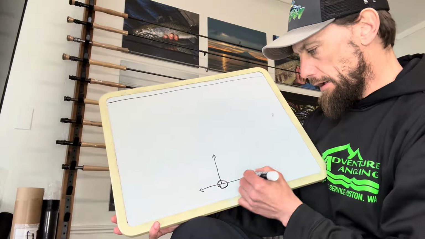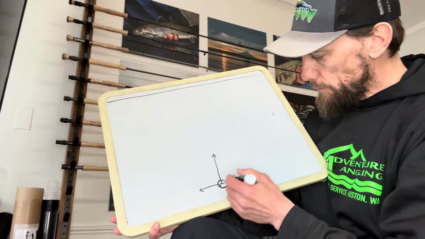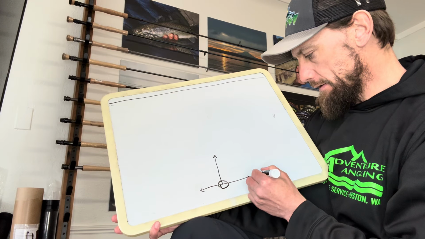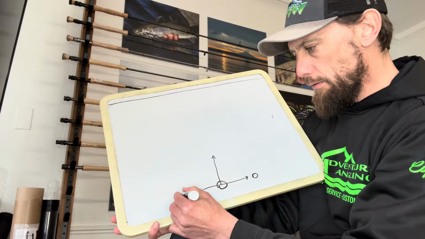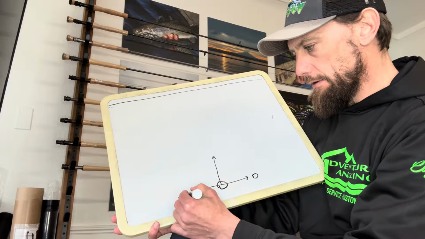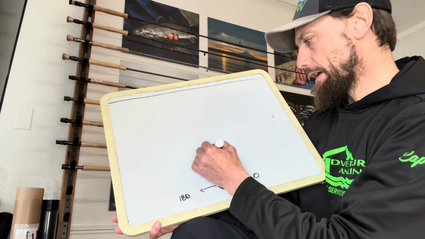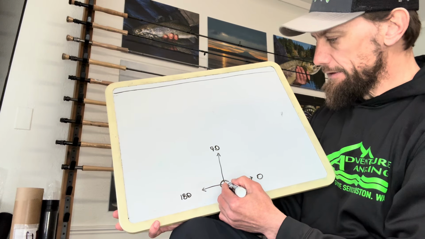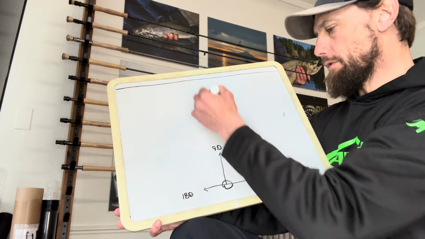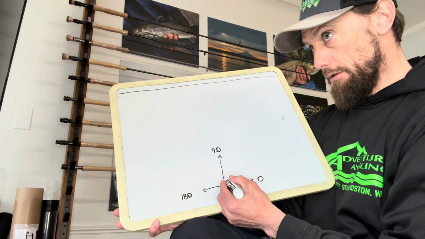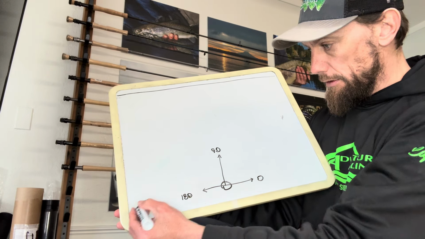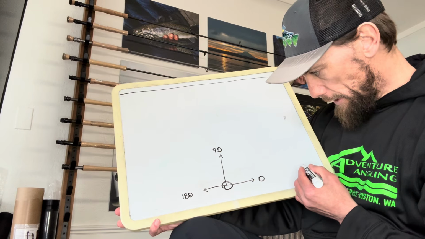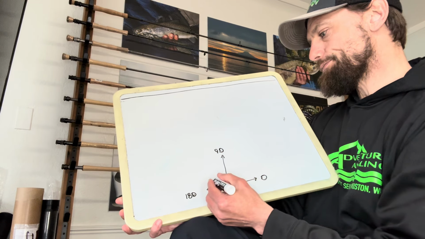Relative to the angler, we have some degrees. We've got 0 degrees, 180 degrees, and 90 degrees. Relative to the angler, this is 90 degrees from him to the shore because he's facing the shore. Off to his left, straight over, 180. Directly off to his right, 0.